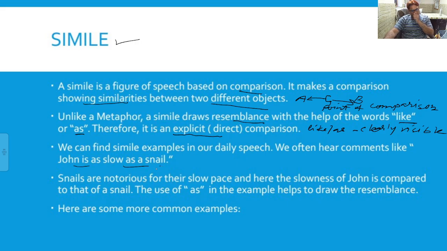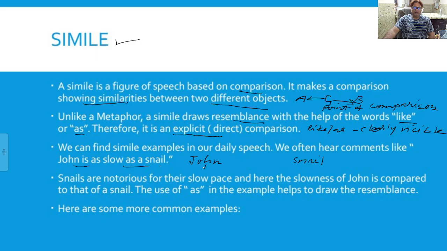Now, which are the two different objects here? First is John, and second is snail. Both are poles apart, both are different.